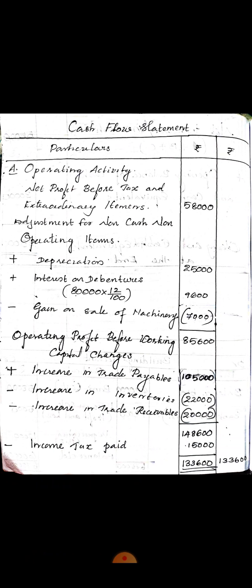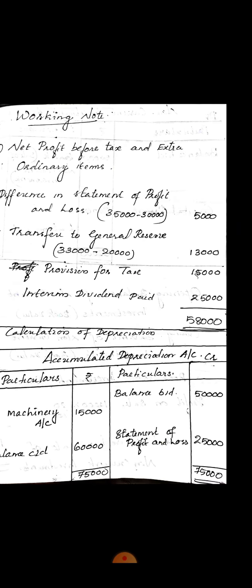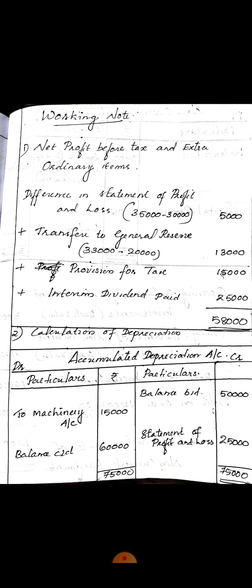First, depreciation. Amount of depreciation is not given, but accumulated depreciations of previous year and current year is given, and accumulated depreciation of assets sold is also given. So, second working note is calculation of depreciation, preparation of accumulated depreciation account. Credit side opening balance, that is balance brought down 50,000. Debit side balance carried down 60,000.